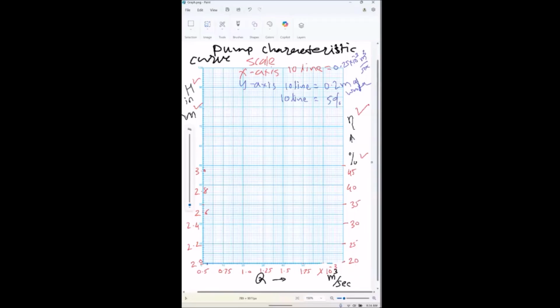Scale is having maximum marks. Writing scale, labeling x-axis, labeling y-axis, labeling another axis, and now let us start plotting the graph. 0, 0.5. So I will change the scale a little.